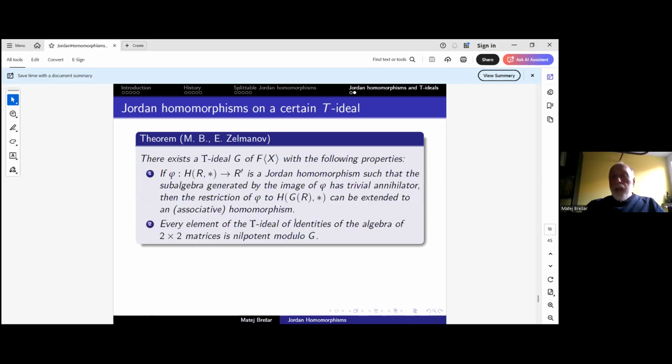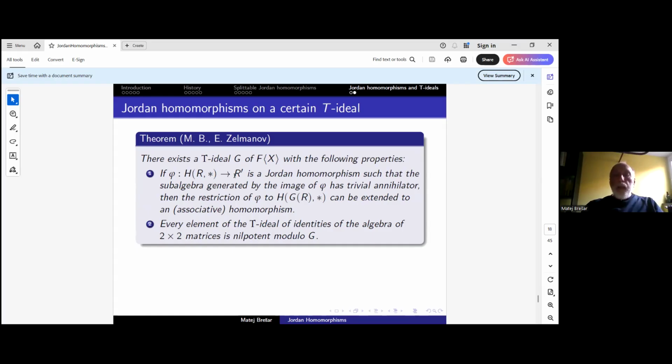And the very last result is philosophically close to McCrimmon's one I mentioned before. Again, we can find a T-ideal, as in McCrimmon's result I mentioned. That was a very concrete T-ideal generated by a concrete polynomial, but this doesn't really matter.